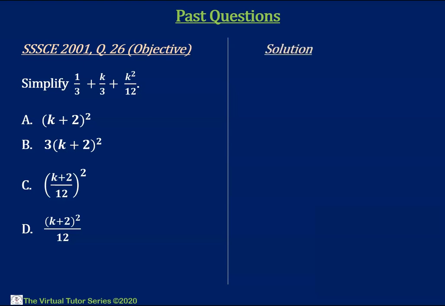Solution: we have the expression 1/3 + k/3 + k²/12. Let's first find the LCM of the denominators. The LCM of 3 and 12 is 12.